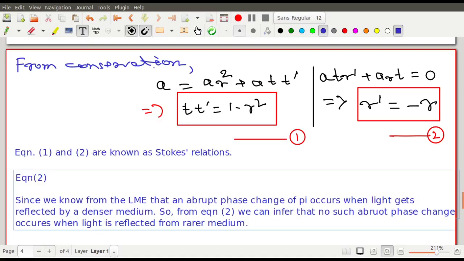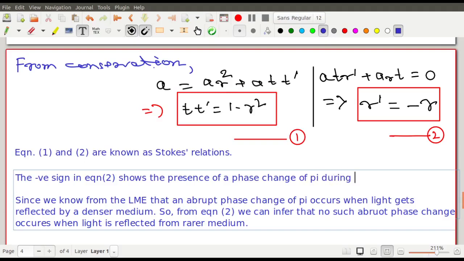The negative sign in equation 2 shows the presence of a phase change of pi during reflection. ঠিক আছে, বাট কোন মিডিয়াম সেটা আমি জানি না.